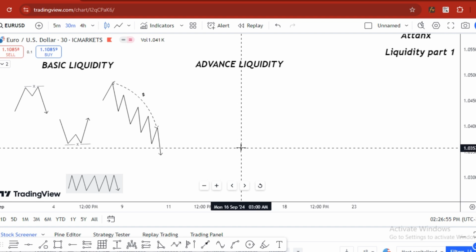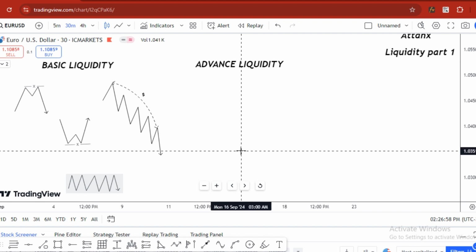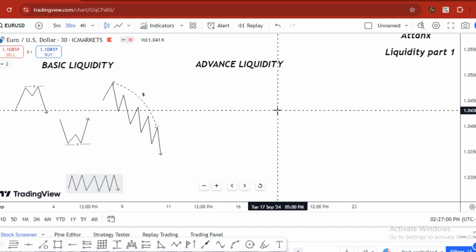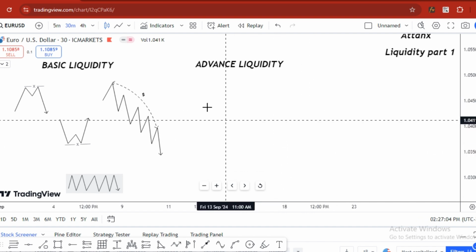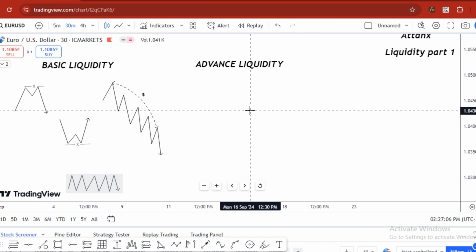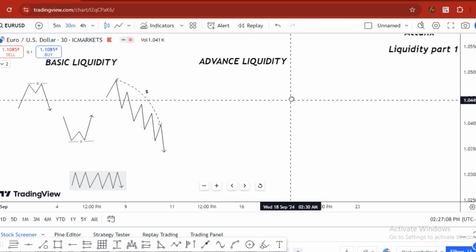Now, when we come to the advanced liquidity, we have the advanced liquidity labeled on different dimensions, and I'm just going to keep it simple for you guys, right?